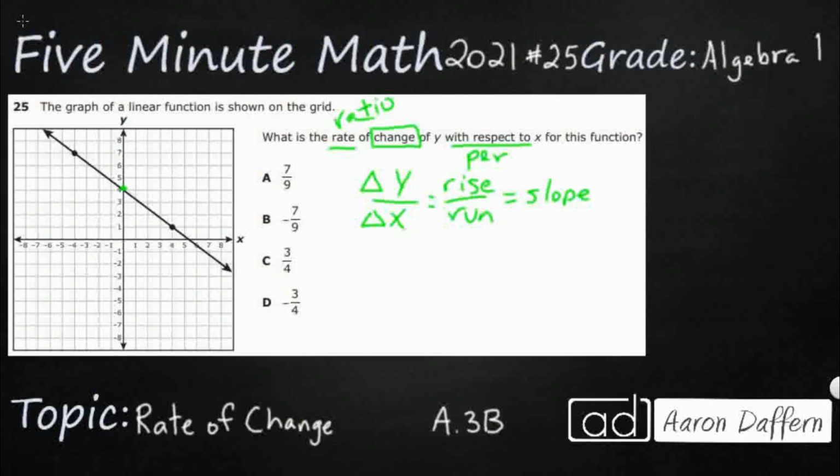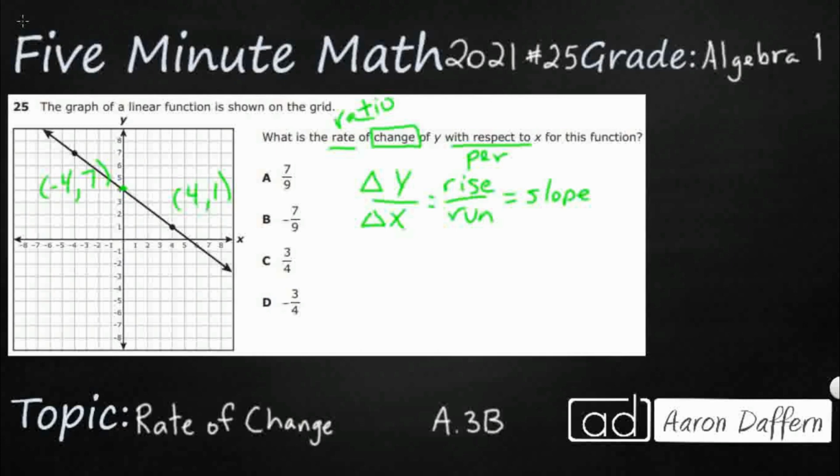Looks like we've got a y-intercept right there, but we don't necessarily need that. Let's just use the points they give us here. So it looks like we've got an x of 4, y of 1. Over here we've got an x of negative 4, and then a y of 7.